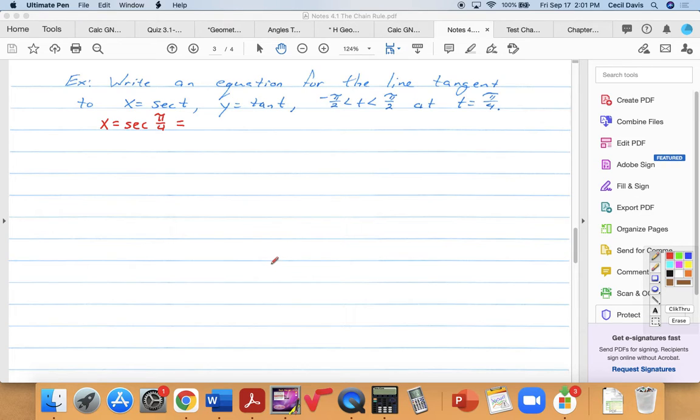Cosine at pi over 4 is square root of 2 over 2. Flip that over, that's 2 over the square root of 2, which is the square root of 2. Y is going to be equal to tangent at pi over 4, and that's one that everybody ought to know really quickly. 1. Because sine and cosine are the same at pi over 4. So we've got our point. Our point will be square root of 2 comma 1.